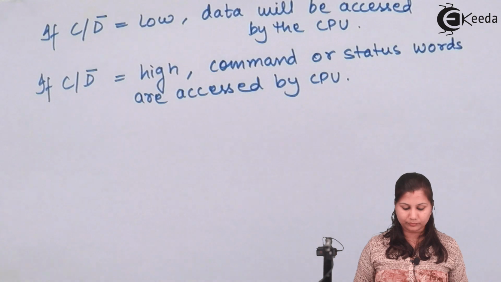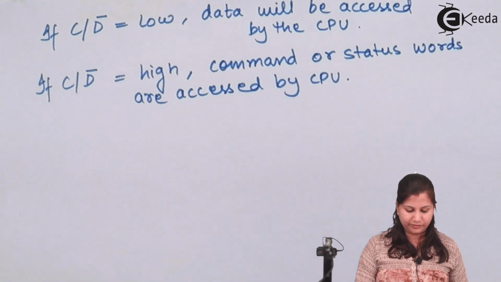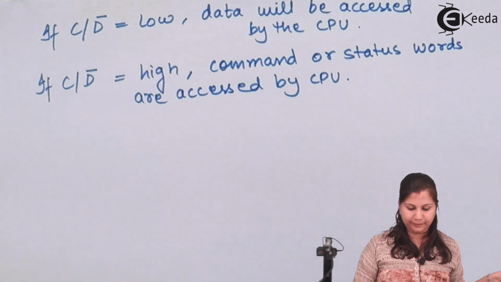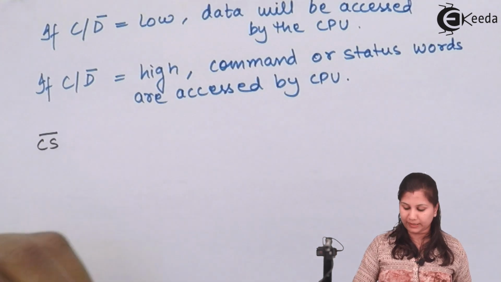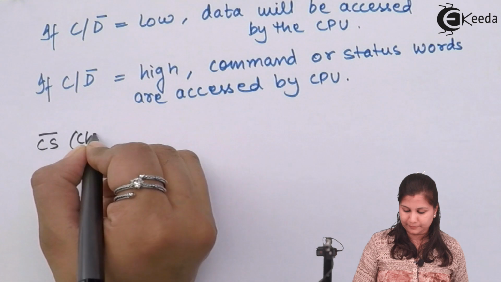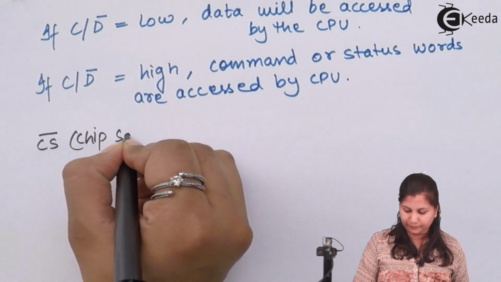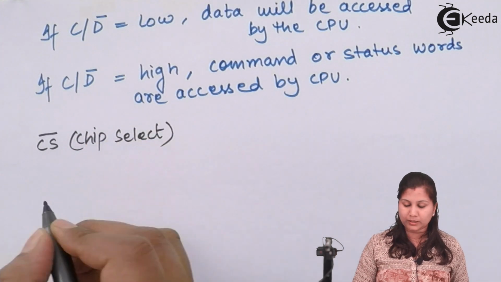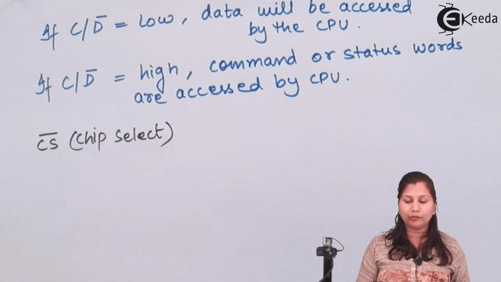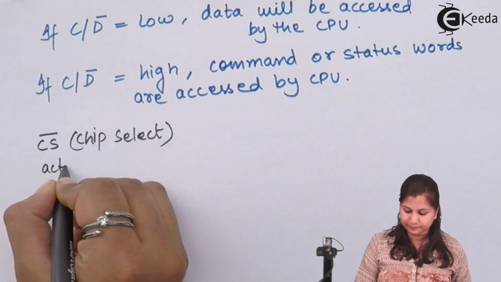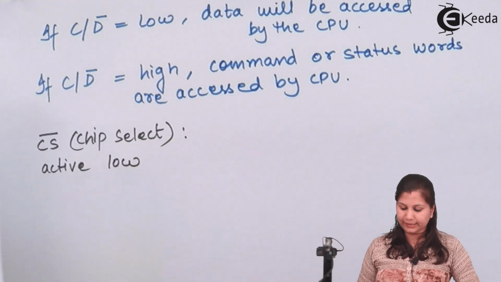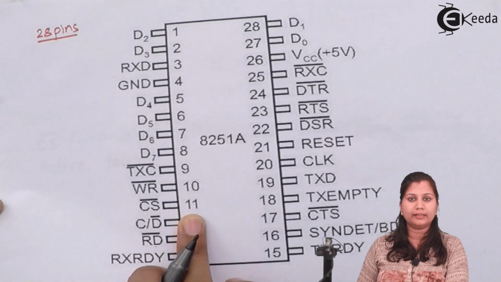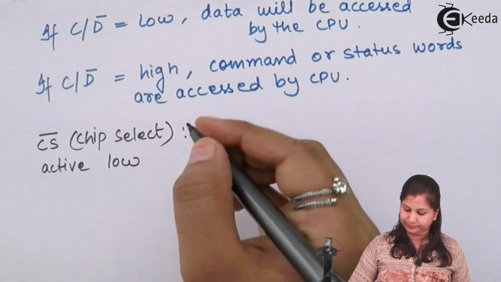Okay. The next terminal we have is the CS bar, that is chip select. This signal is also an active low signal, and it is available at pin number 11.